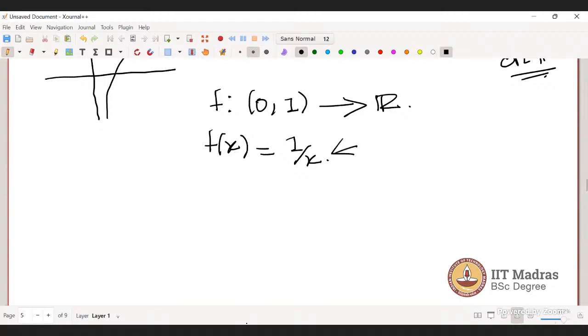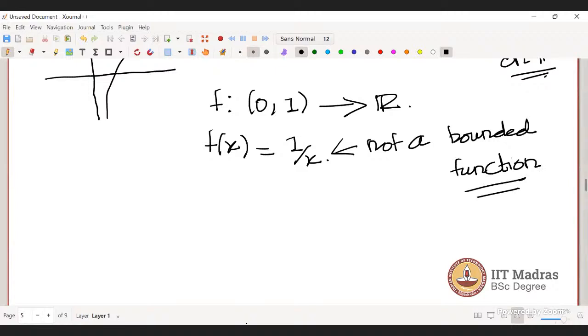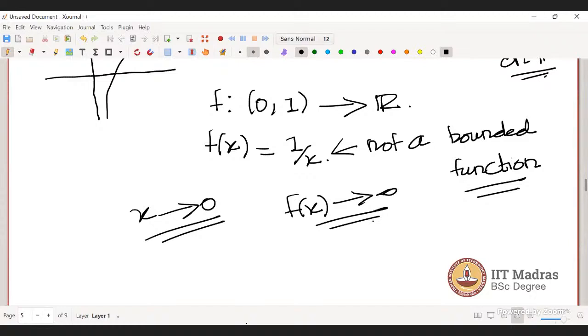This is not a bounded function, right? Because if x goes to 0, then f of x goes to infinity. So the image set is not bounded. Okay, it's unbounded.